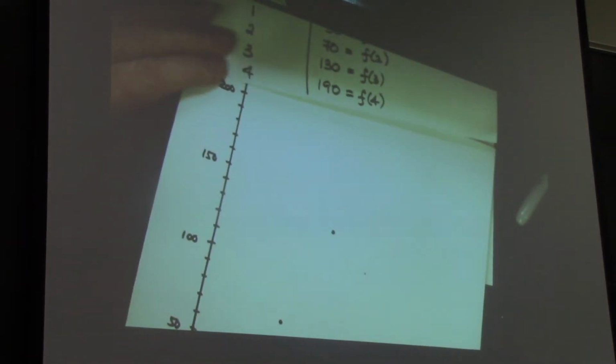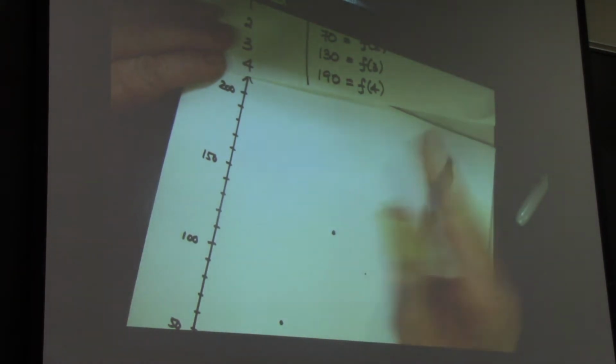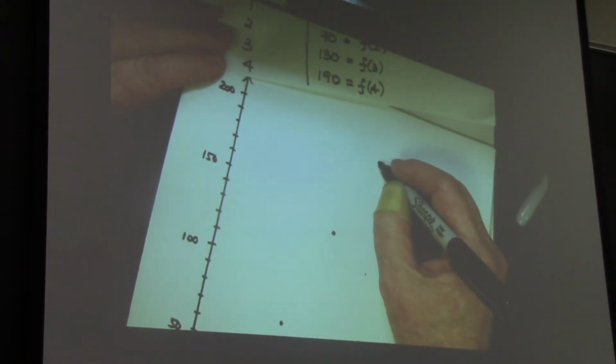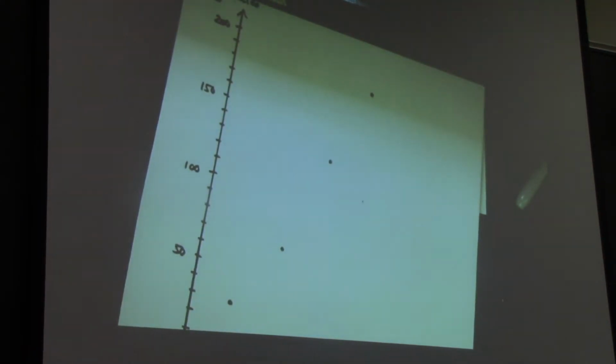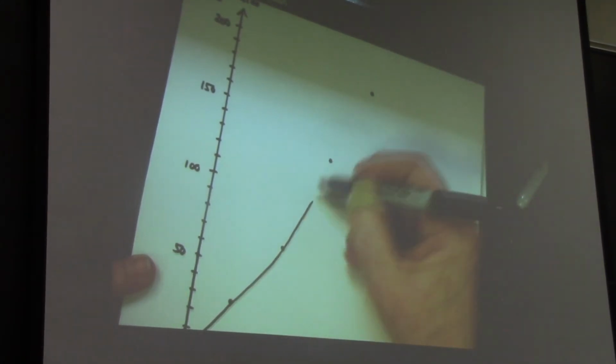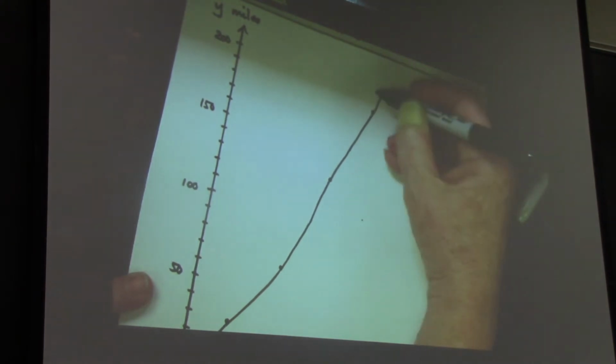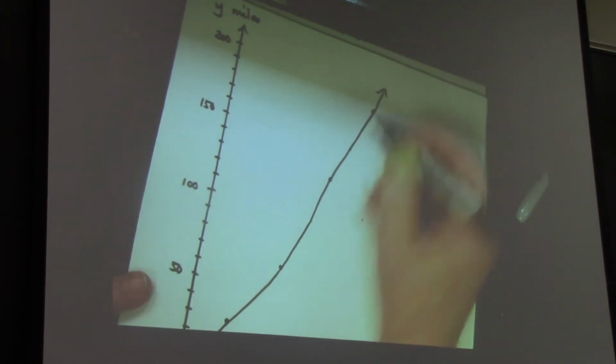And after 4 hours, 190 miles. Now, who knows what the graph really looks like in here, but let's just assume that it's sort of a curve. Pretend, anyway, some sort of a curve.